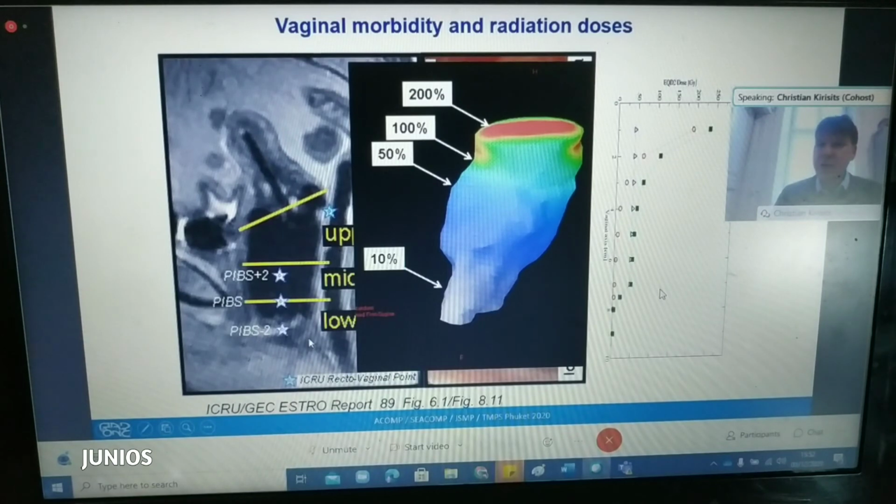There were lots of centers in Europe who always included the entire vagina in their external beam field, and as it shows now, this is not needed, and this is also not good for those patients. So maybe brachytherapy has less importance, and external beam is even more important for vaginal morbidity because you can optimize more.